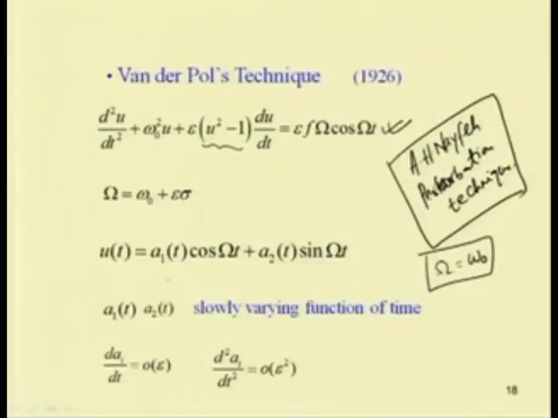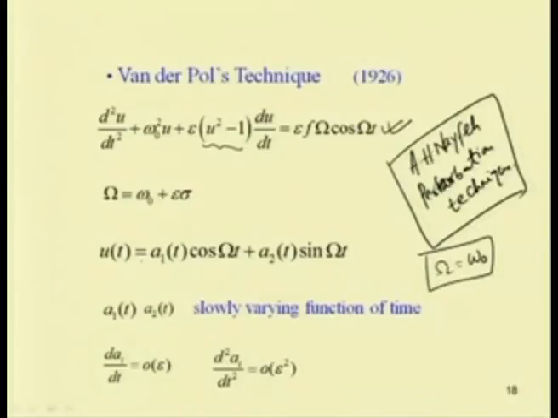One has to consider a1 and a2 as slowly varying functions of time, so that da1 by dt and da2 by dt are of the order of epsilon, and d square a1 by dt square and d square a2 by dt square are further slowly varying, of the order of epsilon square.